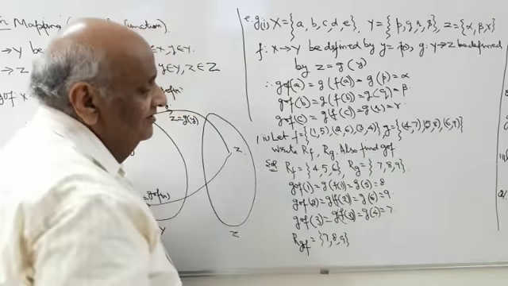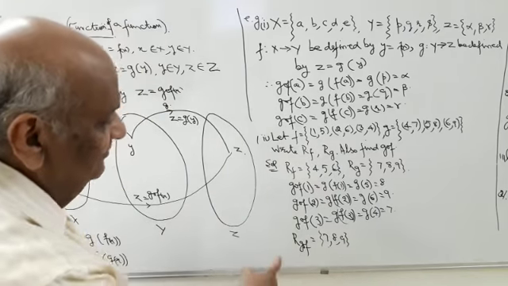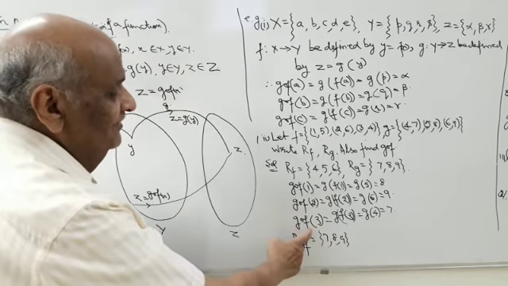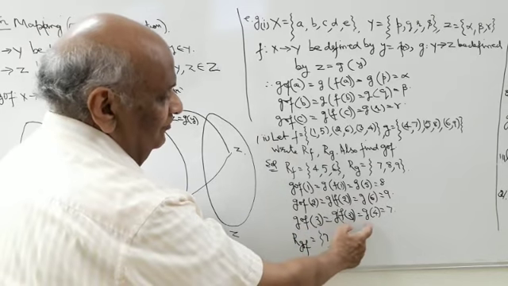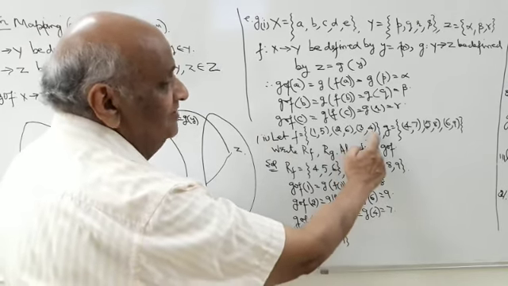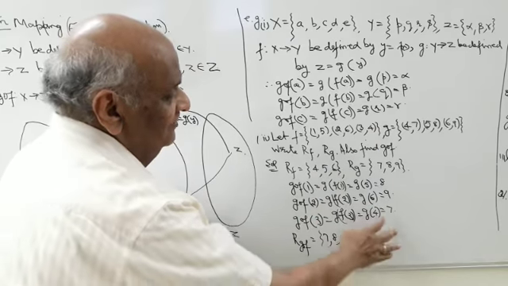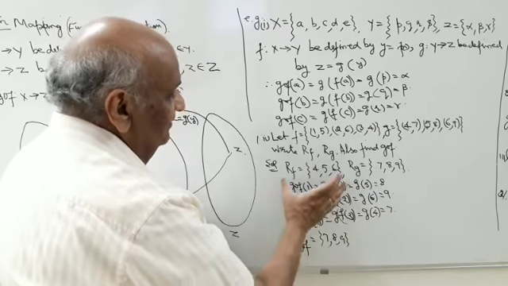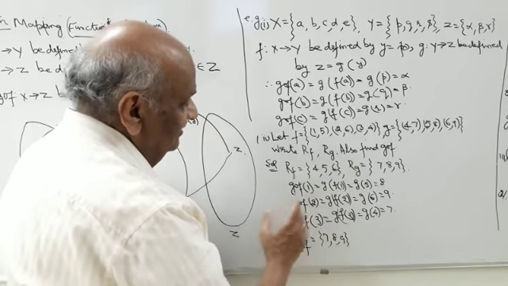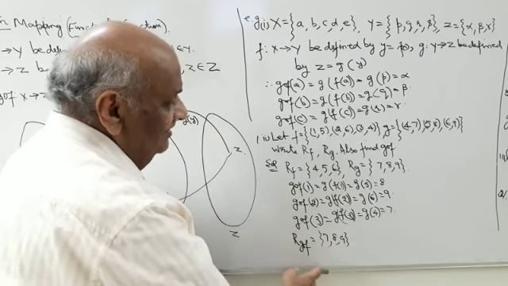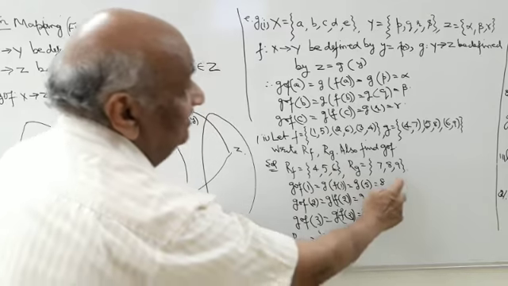And similarly, we have (g circle f)(3), which is g(f(3)). This is g(4). Look, here the image of 3 is 4. Okay? That means it is equal to 7. So this is the way you can calculate the composition g circle f. The range of g circle f is taken as {7, 8, 9}.